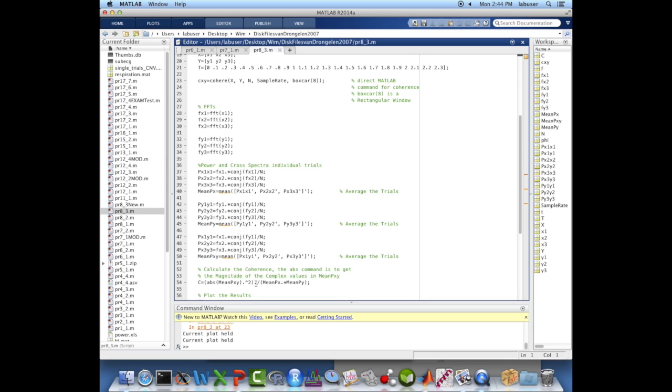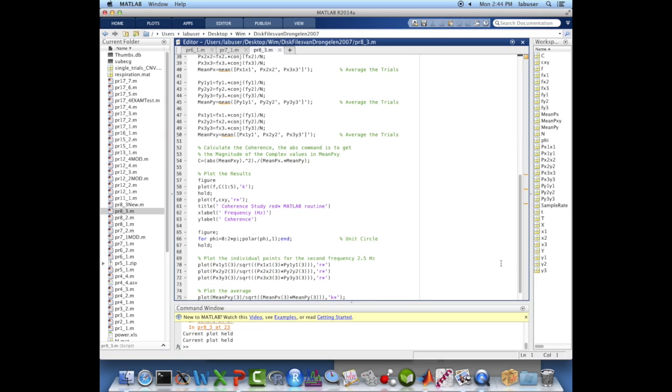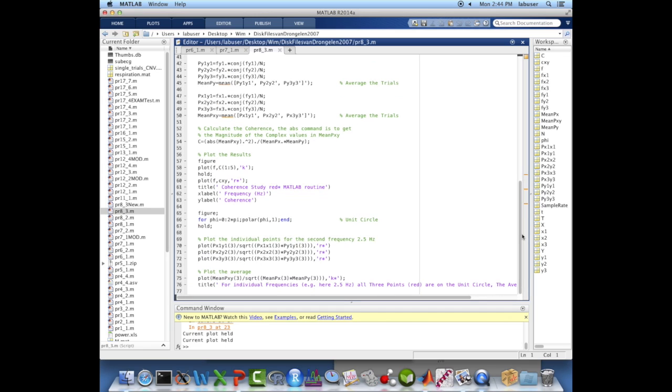And the absolute value of the mean of Pxy, the mean is the average, squared, divided by the mean of the power spectrum of x and the power spectrum of y. And then the results are plotted. One result is plotted against the standard MATLAB routine, and the other one is showing you the polar plot of the individual phases. So that's what this program is doing.